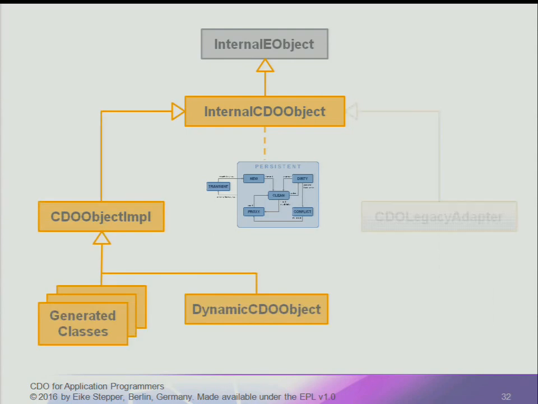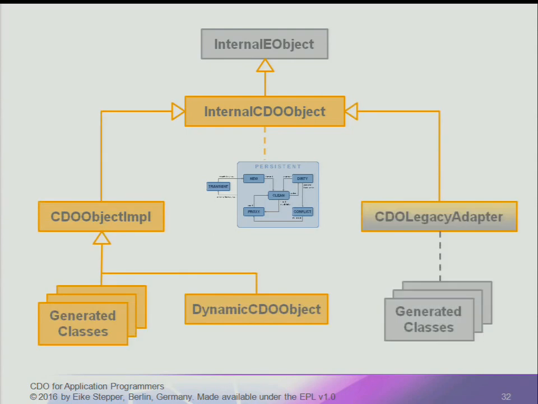And there are two hierarchies of classes. These are the CDO native objects. That's typically all of your classes that are generated specifically for CDO, including dynamic CDO objects, those where you create the classes at runtime.